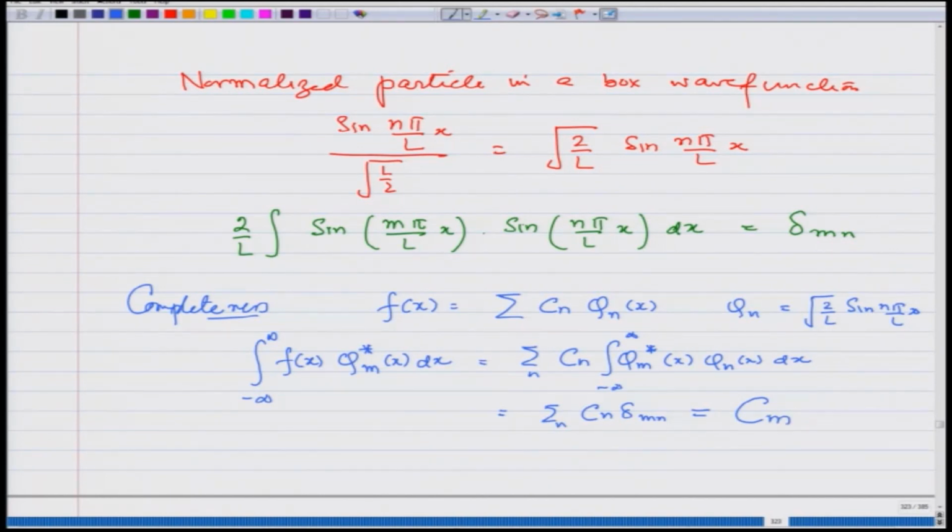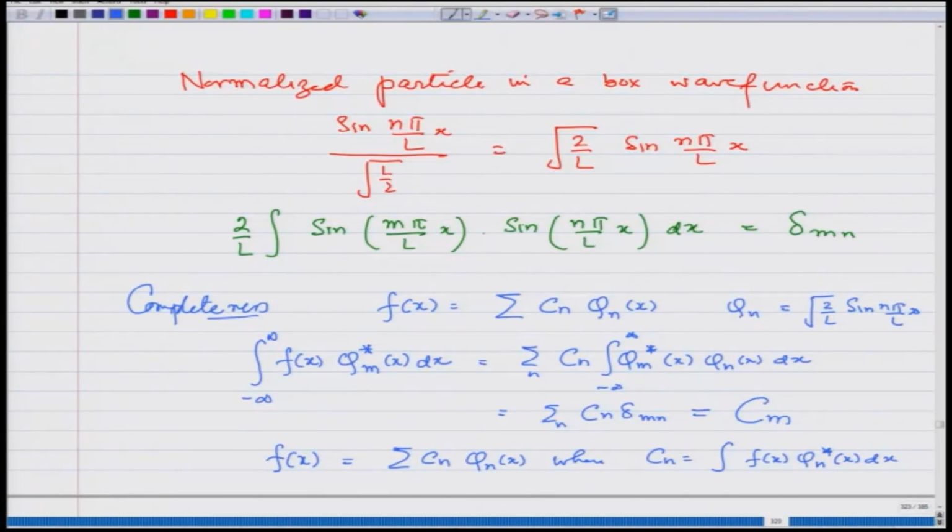So, we have also determined C_m. That means f(x) is equal to summation C_n phi_n(x), where C_n is nothing but the integration of f(x) phi_n star(x) dx. That is what completeness means.